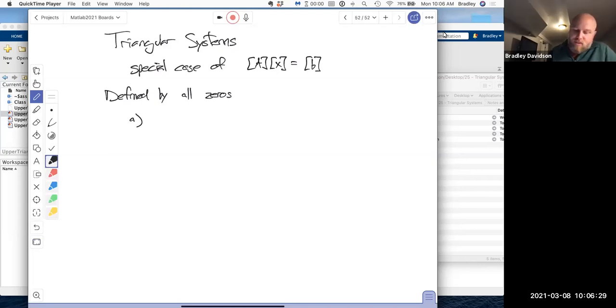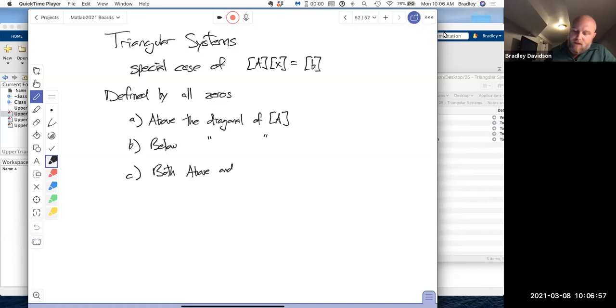In the first situation, it's zeros above the diagonal of A. The second situation is zeros below the diagonal of A. And part C is zeros both above and below the diagonal of A.